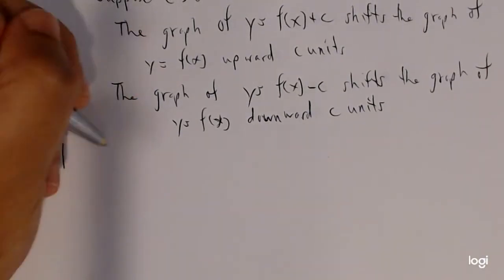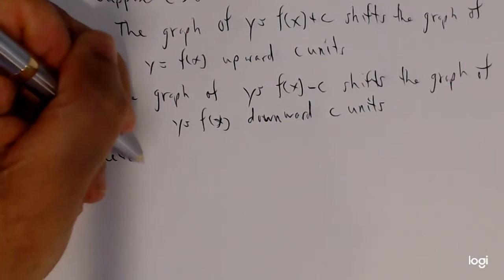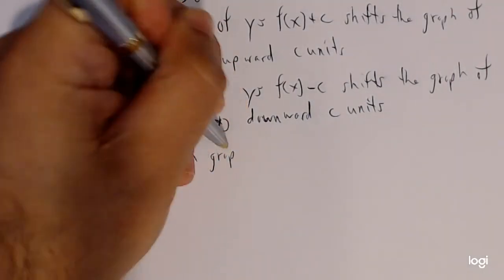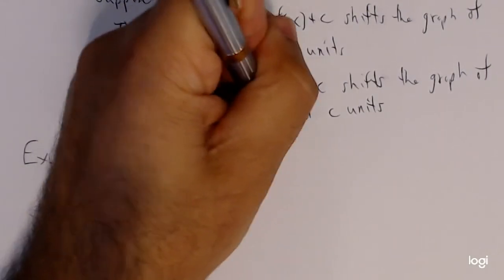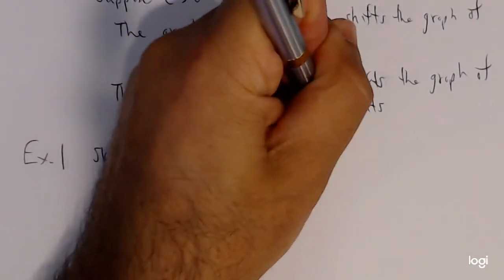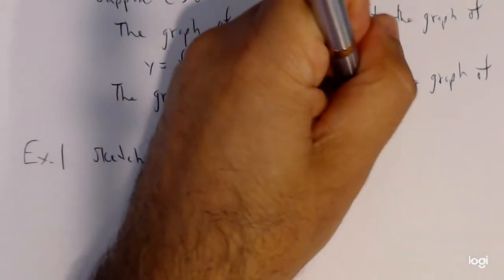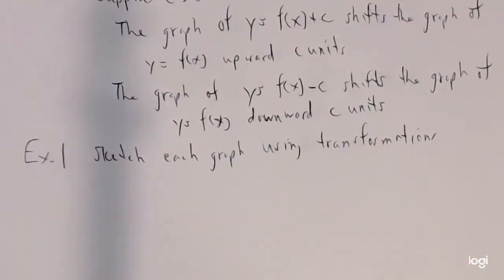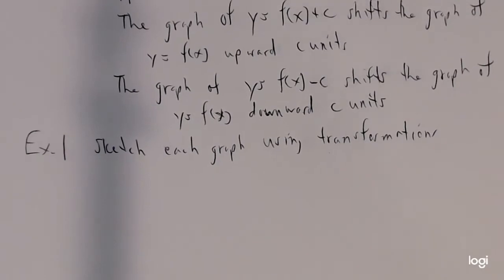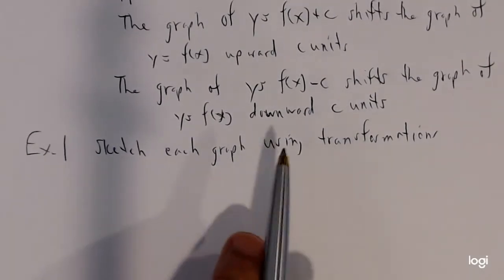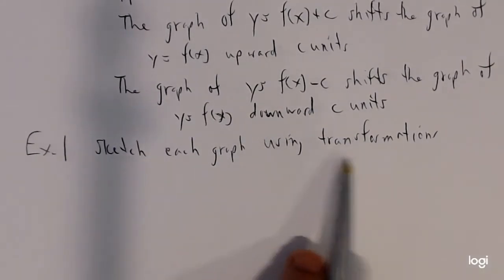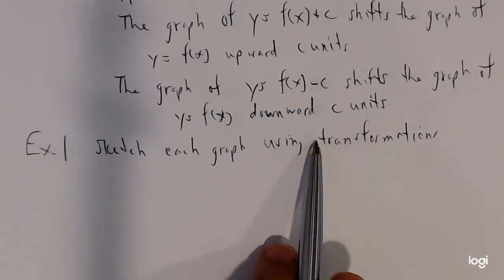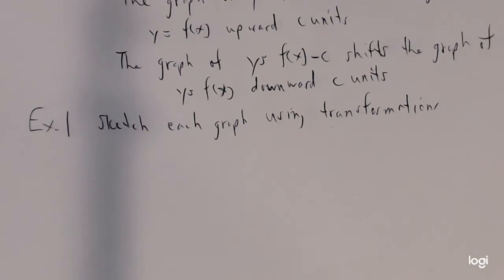So for example 1, we'll say sketch each graph using transformations. Anytime you're asked to use transformations when graphing, you pretty much have to start from the parent graph or the most basic graph.